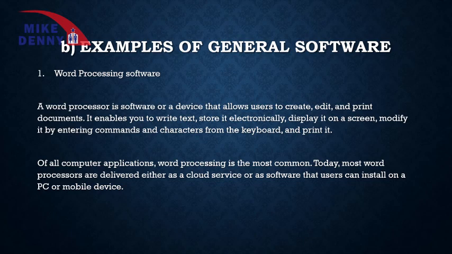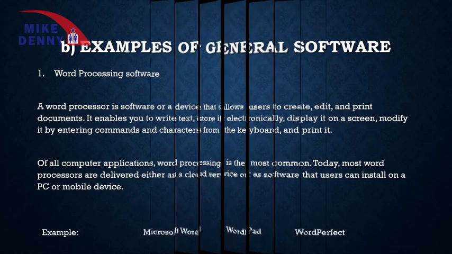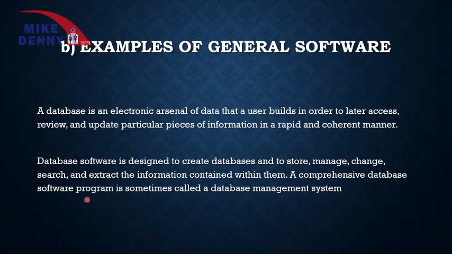And among those applications, you have a word processor. So it can be installed by the end user, but you can also have the cloud service such as Office 365. Some examples of word processing software are very simple, like Microsoft Word and so on.